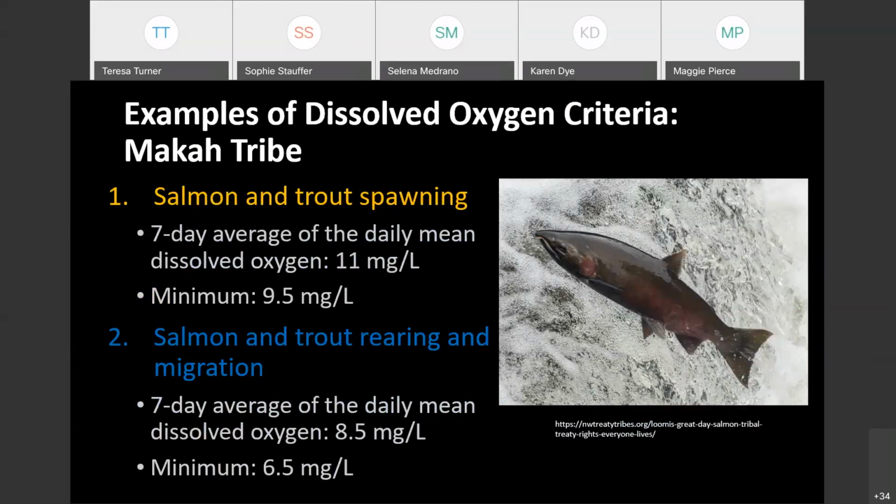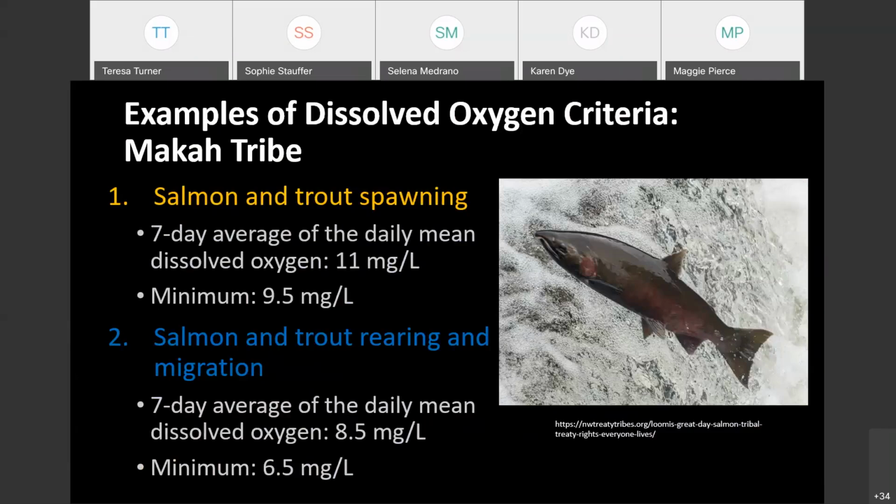But within those two different uses, they have a 7-day average and a minimum criteria. And they have identified two different subcategories of their aquatic life use. They've got the salmon and trout spawning and salmon and trout rearing and migration. And the criteria that apply to the spawning use are a little higher, a little more stringent than those that apply to the other use.